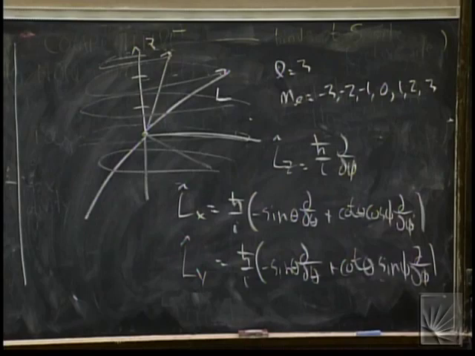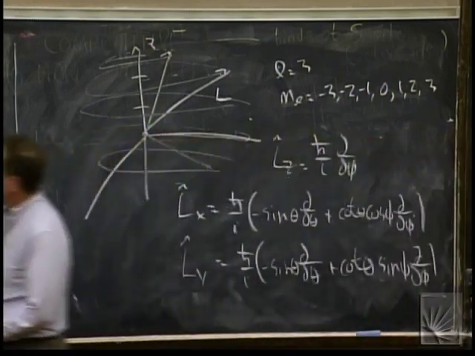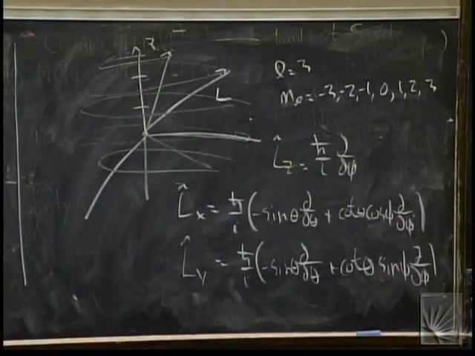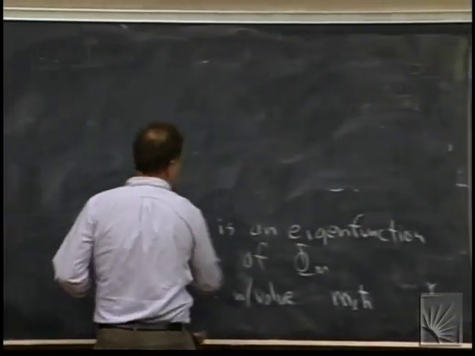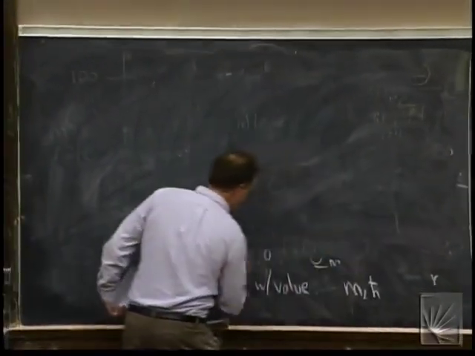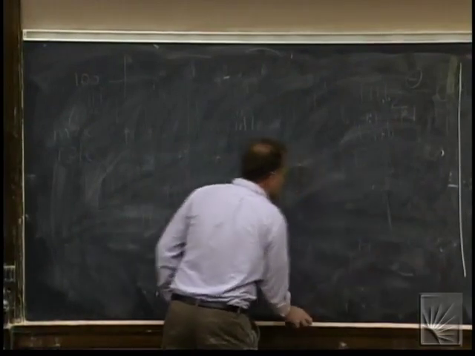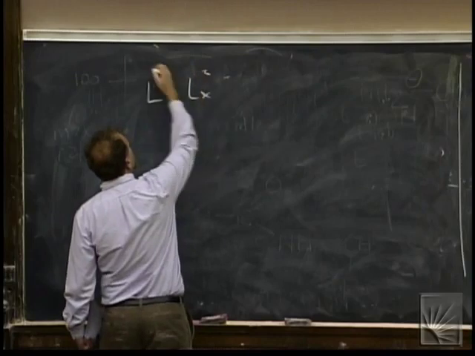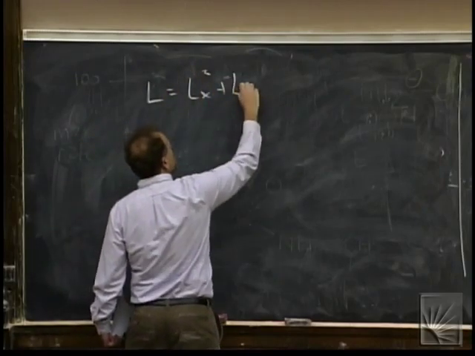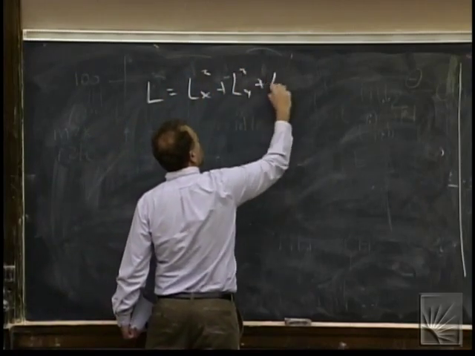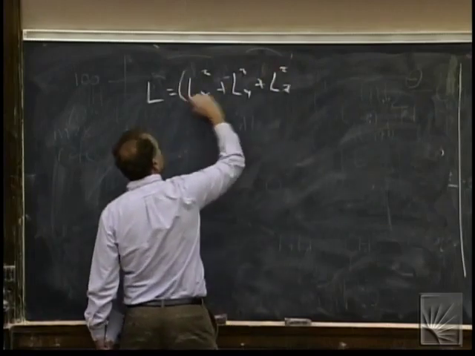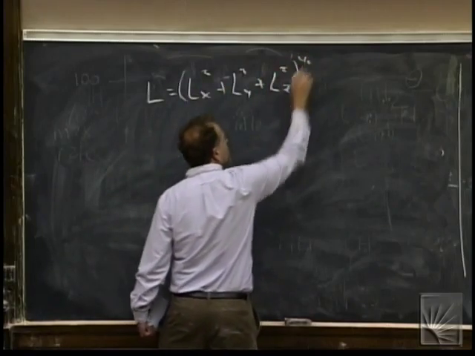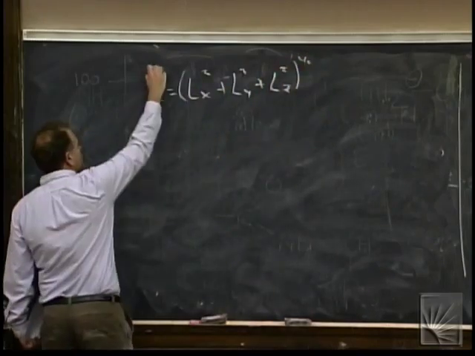What about the magnitude of L? Let me see, I certainly don't want to get involved in a square root. L is Lx squared plus Ly squared plus Lz squared to the 1/2. But I do not want to get involved with the square root.